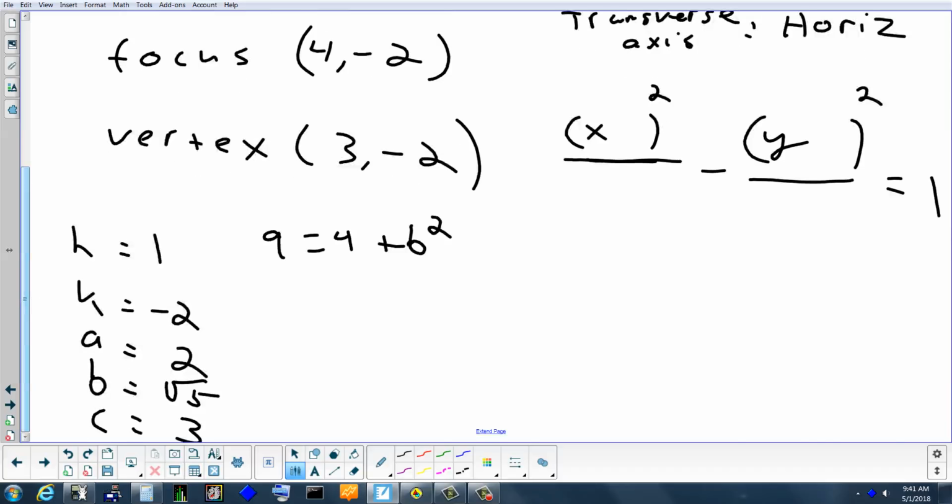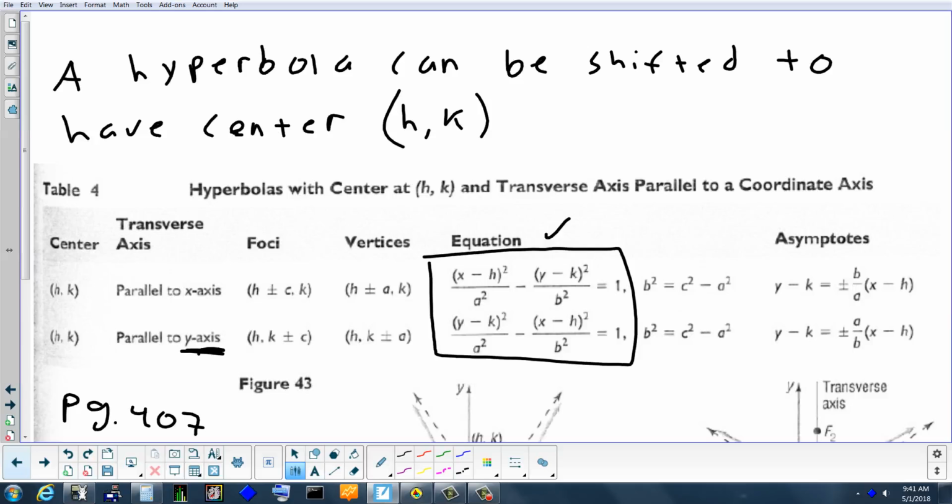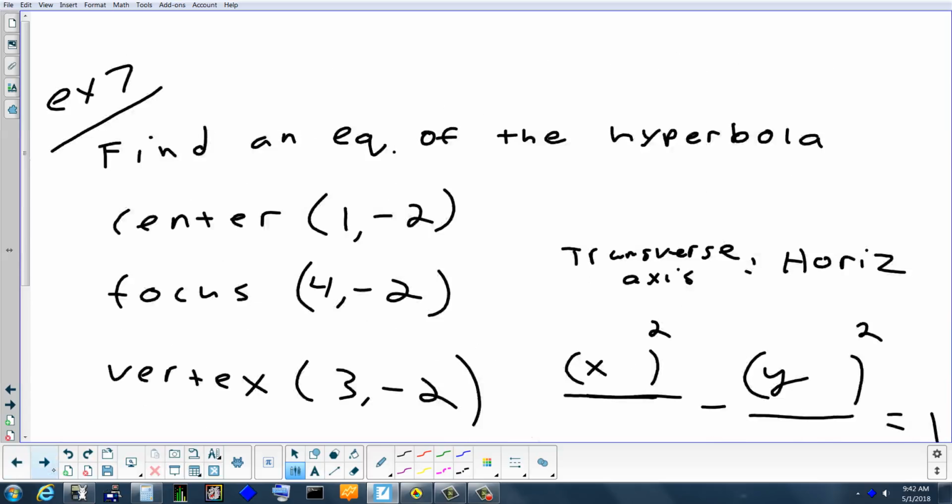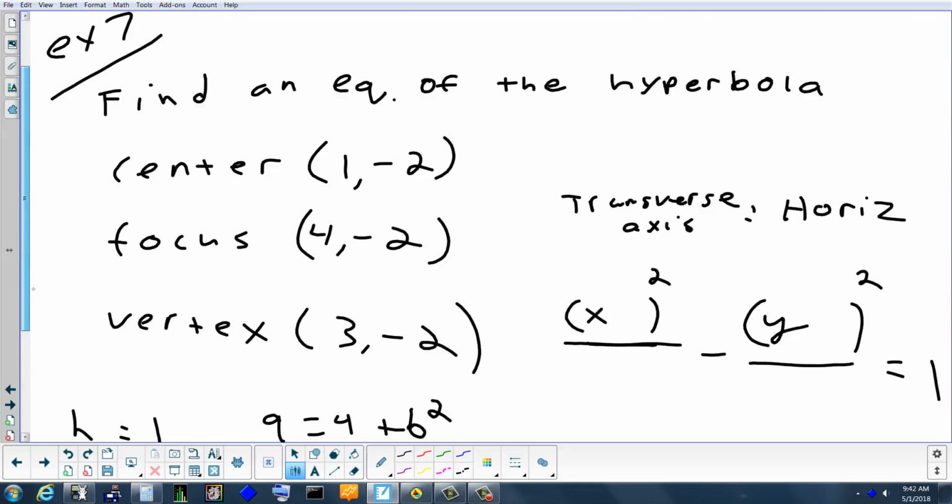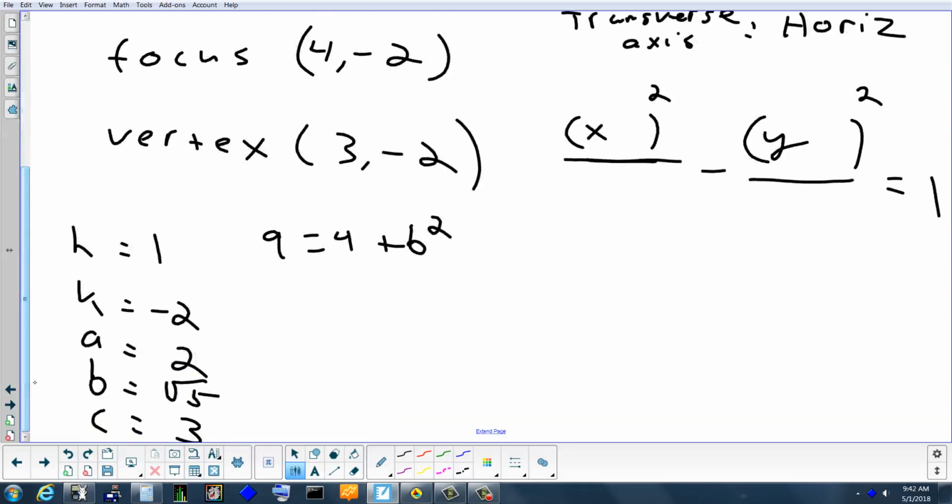All right. So if we go back and look at the formula, H always goes with X. K always goes with Y. X with H, Y with K. So it's X minus H, X minus 1, and then Y minus K. So Y plus 2.